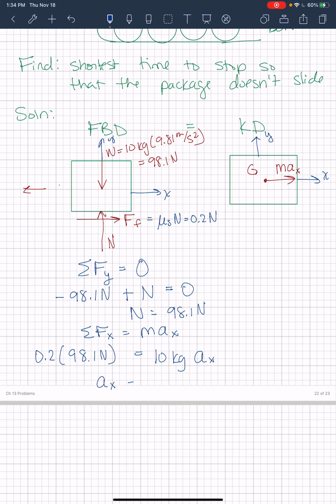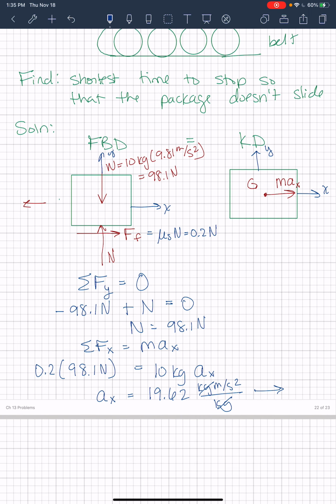So a sub x equals 19.62, and that's newtons divided by kilogram, so kilogram meter per second squared divided by kilogram, so we get meters per second squared, moving to the right.